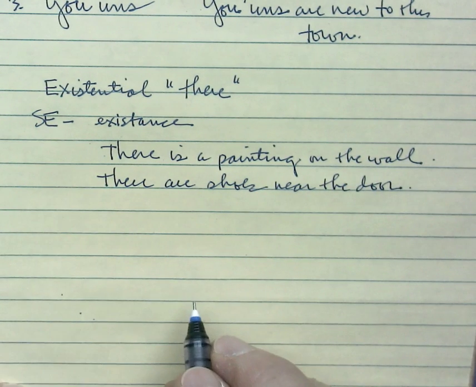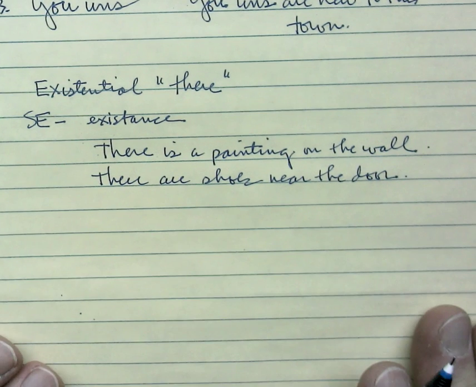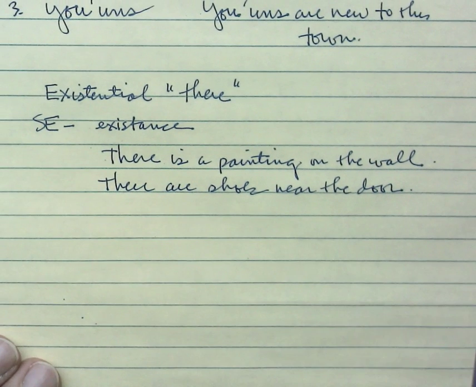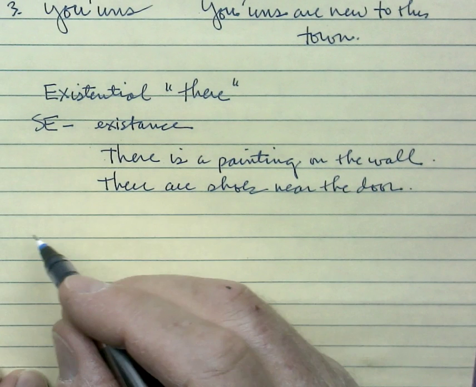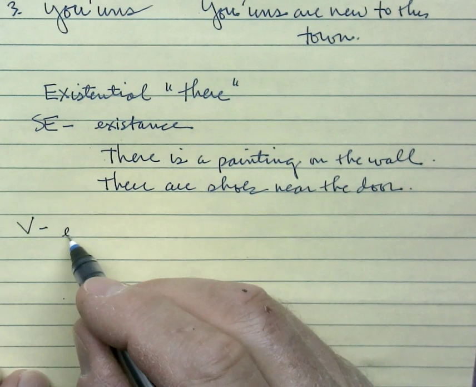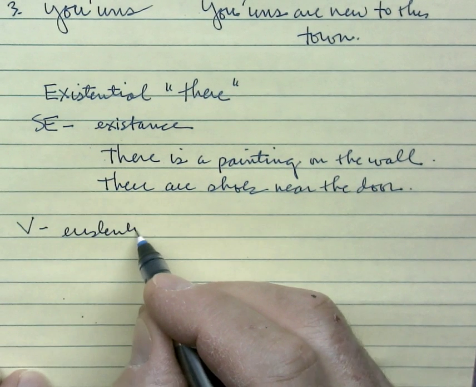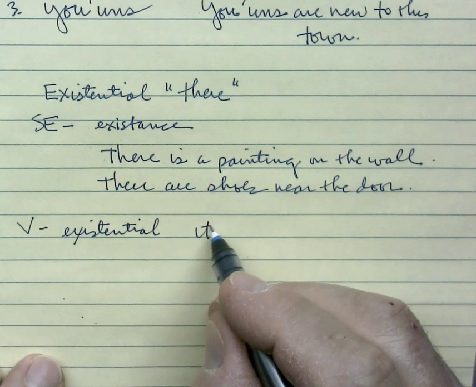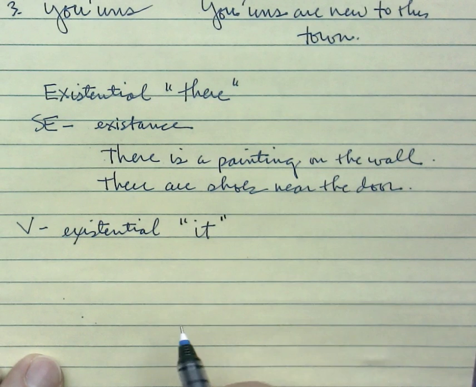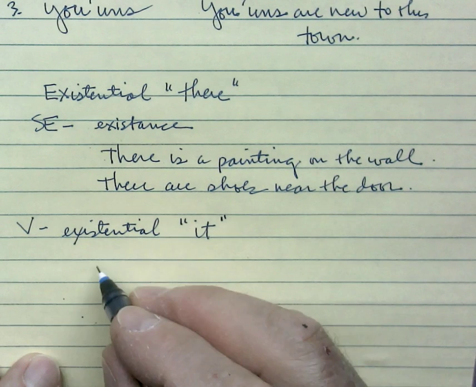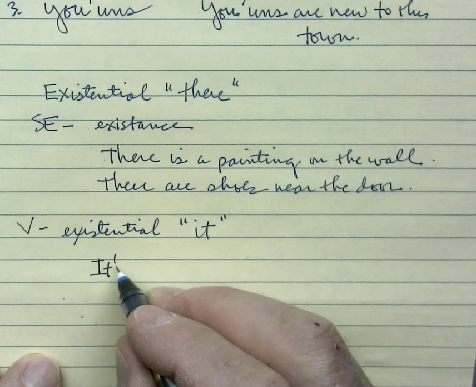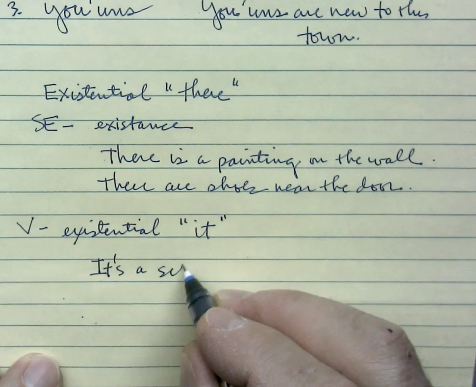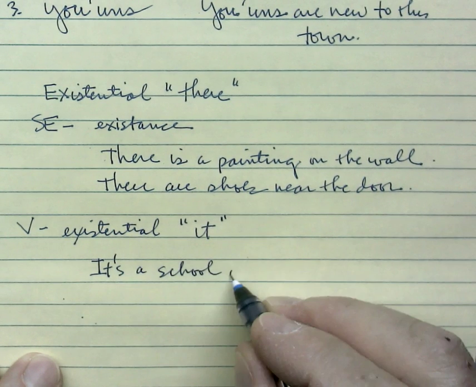But vernaculars don't use existential there. Instead, the vernacular uses existential it. For example, it's a school on the corner.